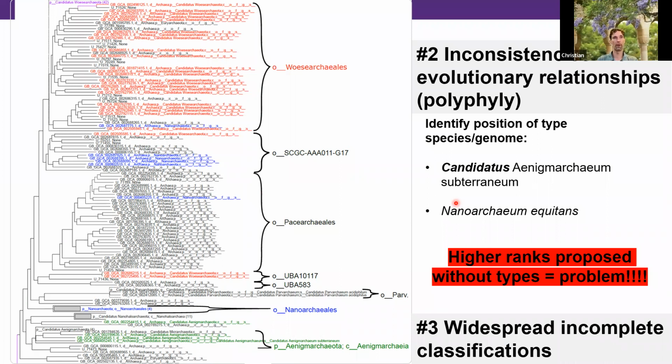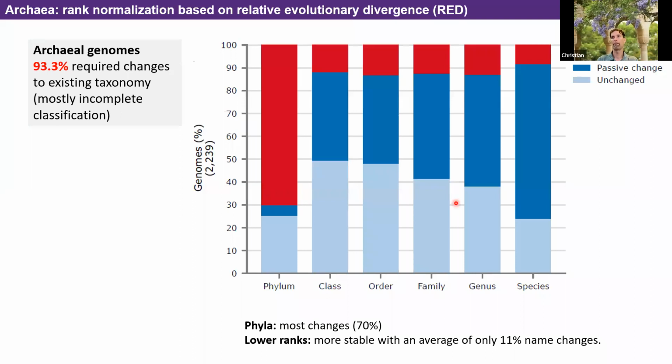What did change? You can see here in the archaeal genomes, if you look at it on a per genome basis, then 93% required changes to the existing taxonomy. That sounds like a lot, but that is mostly because the classification was incomplete. If you break it up by rank, you can see active changes in red.